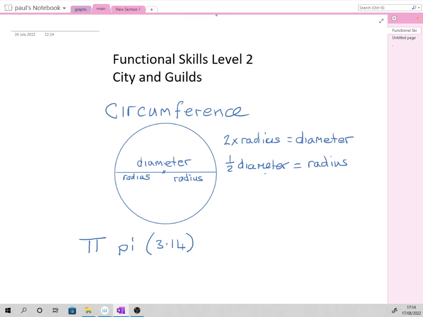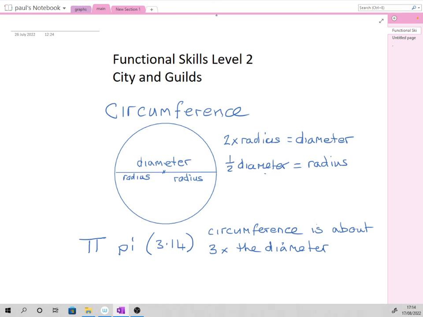So what this means is that the circumference is about 3 times the diameter. It's a bit more, it's 3.14 times the diameter.